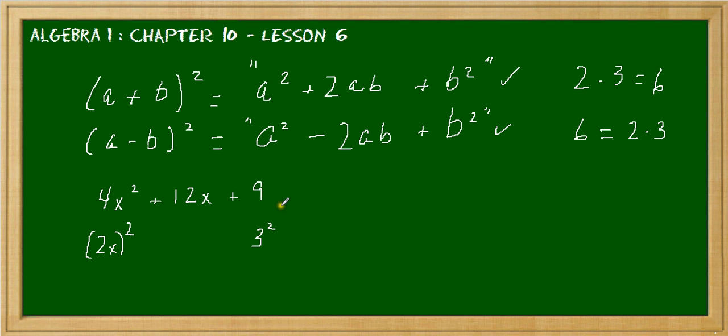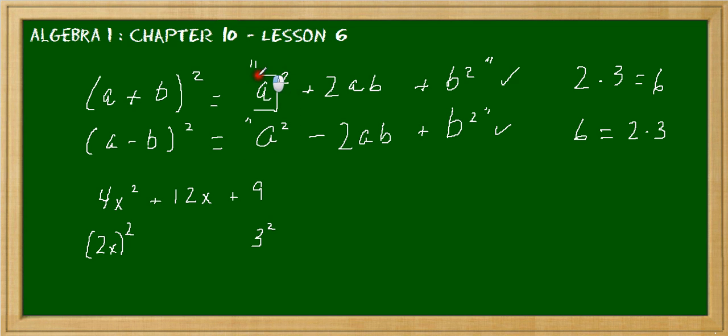Now, the question is, is the middle term twice the product of 2x and 3? Because what are our a and b? Let's go back here now. This is all plus, plus, plus, so let's take a look at this particular one. You could have looked at either one, but we don't want to confuse things with this negative. So we have a squared plus 2ab plus b squared. So what is the a term?